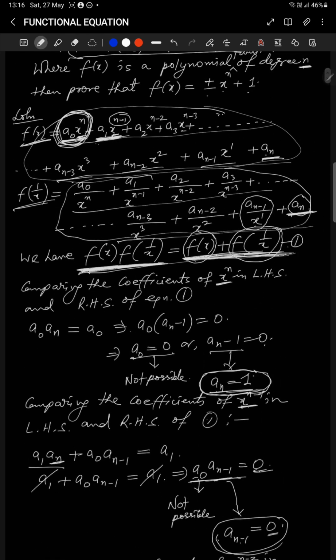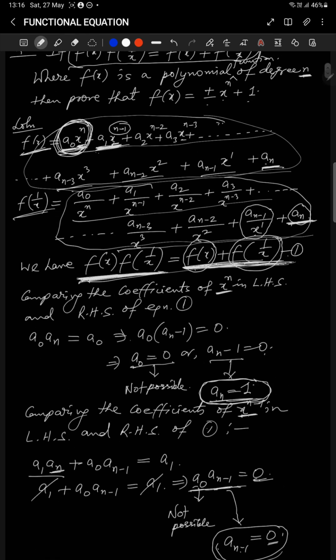Alright, now we are going to compare the coefficients of x to the power n minus 2. So are you finding in this one, that is when we are multiplying f(x) and f(1/x), x to the power n minus 2 appears over here, and an, these two terms when multiplied will give you x to the power n minus 2. So the first coefficient of x to the power n minus 2 will be a2 an.